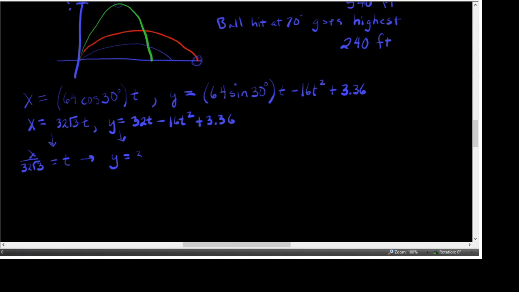So that's going to be 32 times x over 32 square roots of 3, just that, minus 16 times x over 32 square roots of 3, this time squared, plus 3.36.